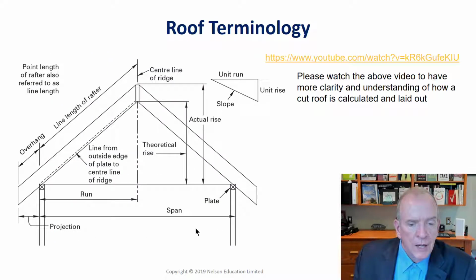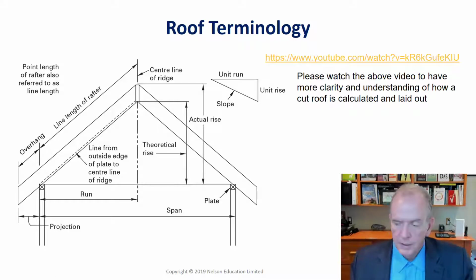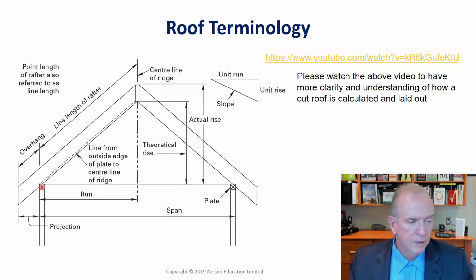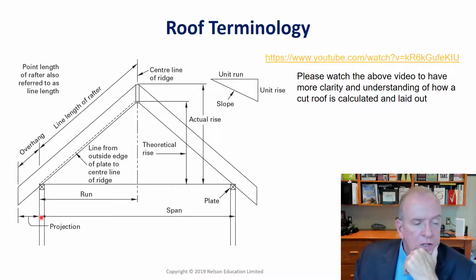So as I was mentioning, and maybe I can just get this thing going a little bit. Just get my glasses set on this laser pointer. There we go. That's better. Okay. So we've got our span, which is from the outside of the frame building. Now, if it was a brick veneer building, it would still be to the outside of the wood frame.